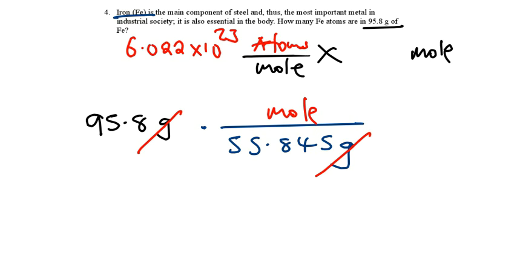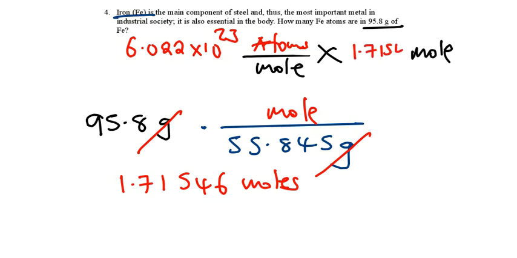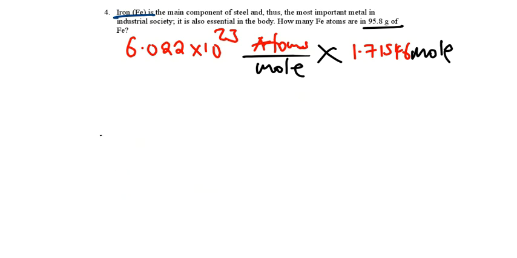So grab your calculator and just divide that. The number of moles I'm getting, if my calculations are alright, is 1.71546 moles. So we can put that value there, 1.71546 moles. What do we do now to find the number of atoms?